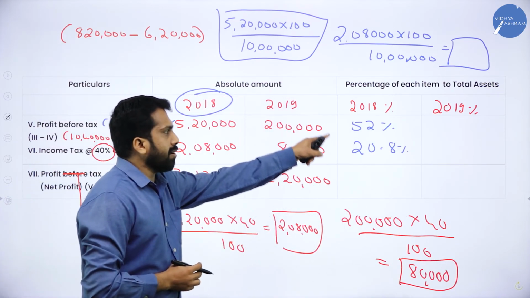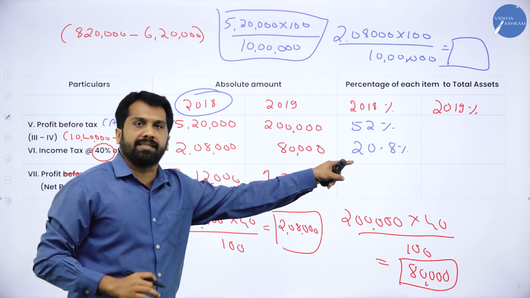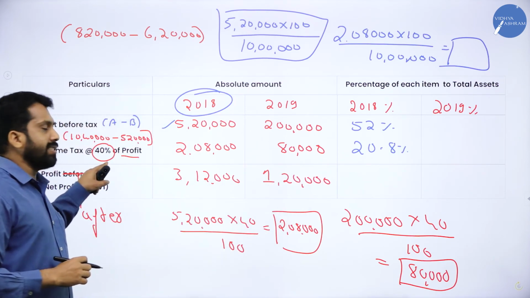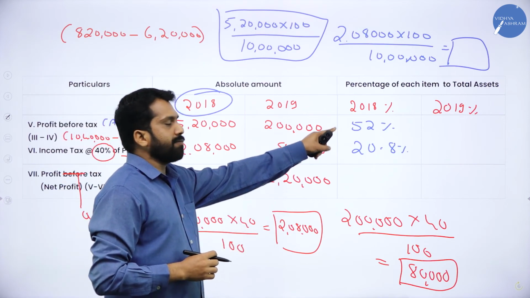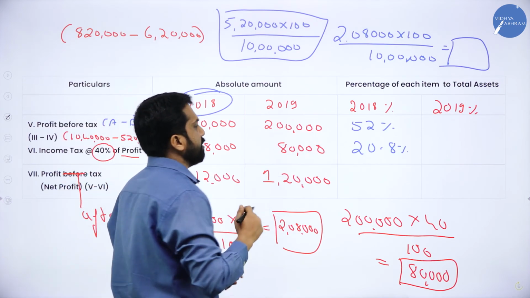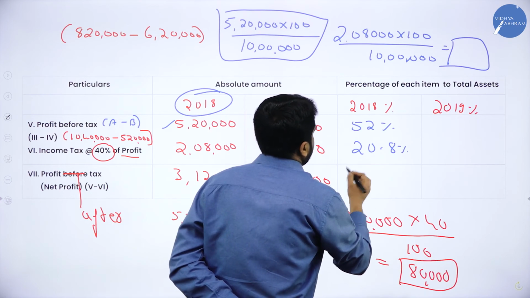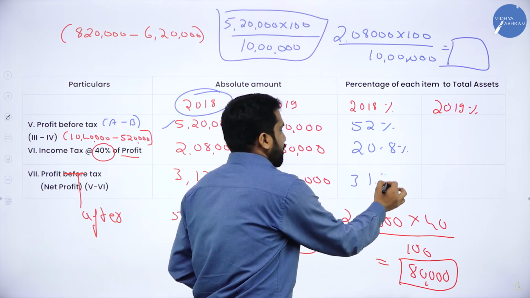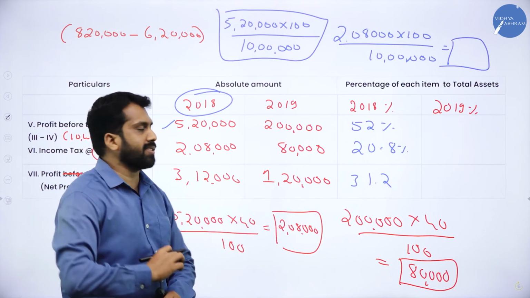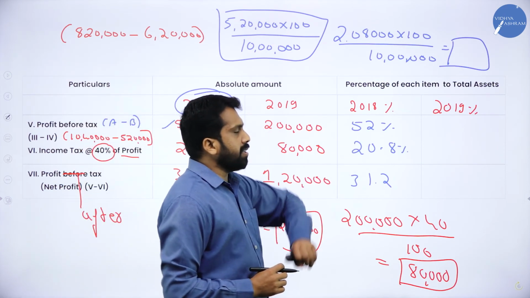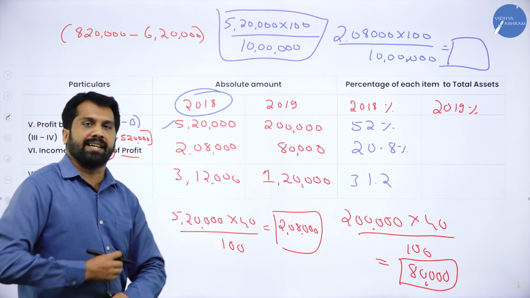Now we will not add, we will minus. Why? Because this is taxation. Now if you minus this from this, what is your answer? Your answer is 31.2%.